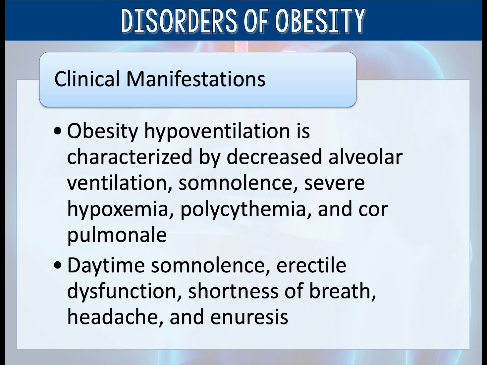So what happens? Obese patients generally don't ventilate very well because it's hard for them to take a deep breath, and so they end up with shallow breaths. And so you have decreased alveolar ventilation. They get sleepy, somnolence, because they're not getting enough oxygen to their brains. They could have severe hypoxemia.